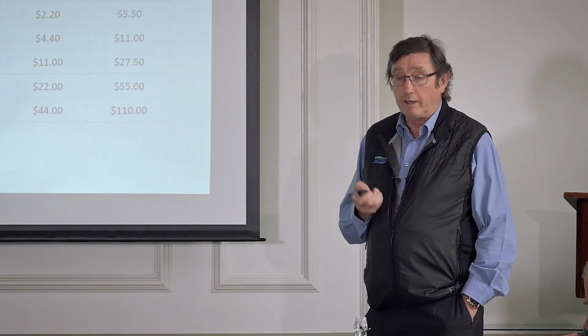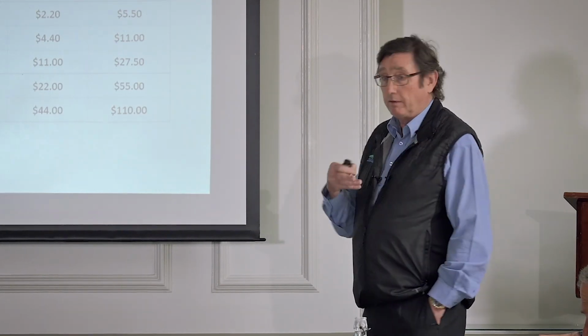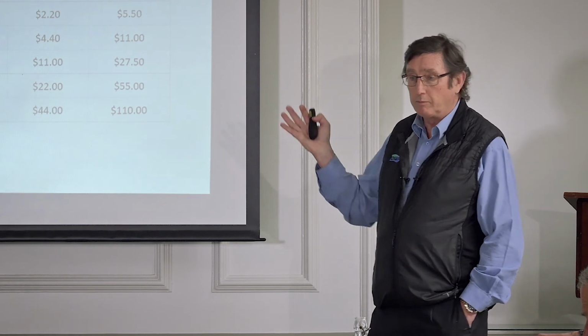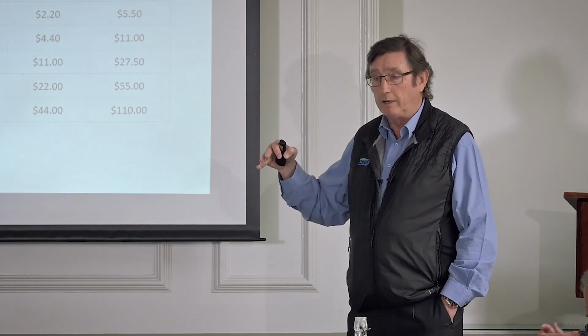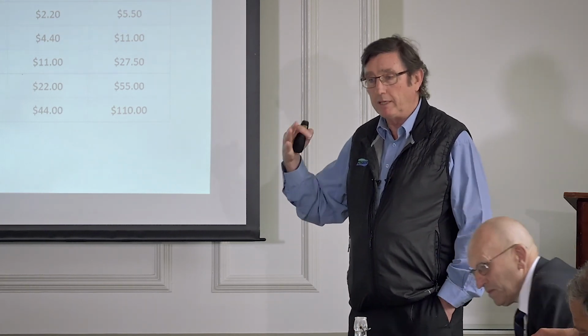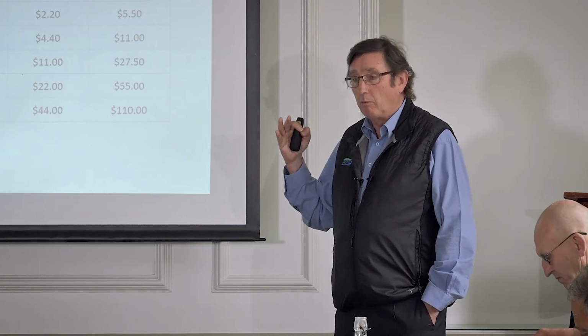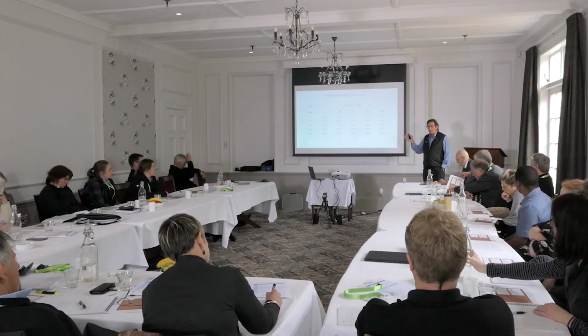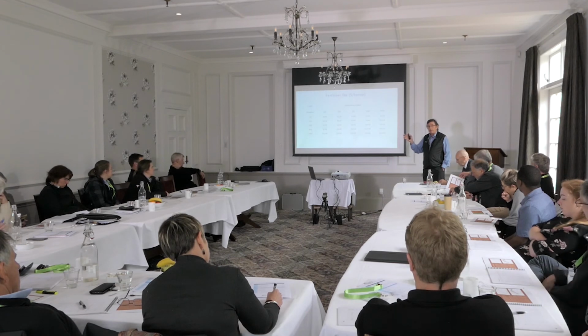The other interesting thing is that the original proposition, in terms of agriculture coming into the ETS in a broad sense, at $25 a tonne and 5% liability, was that the money raised would be recycled into R&D and extension and all that jazz.